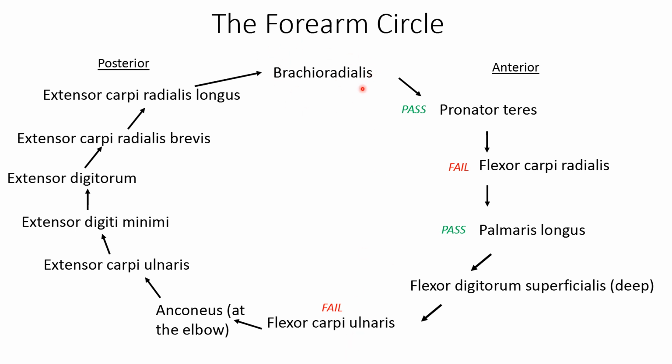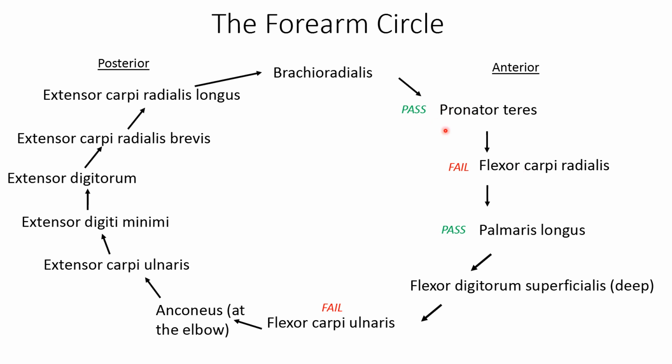We have our brachioradialis and our flexor carpi ulnaris. These are muscles you can see from both sides. If you're looking at the anterior view, you can see both of these. If you're looking at the posterior view, you can see both of these. Make sure you know where these are on both views because they're your orientation muscles.